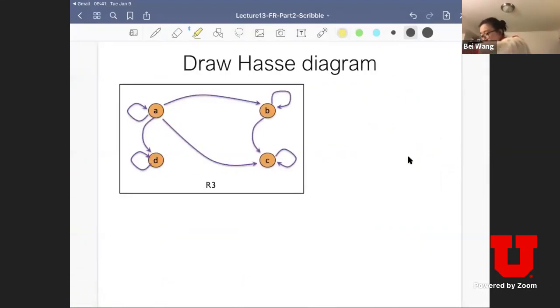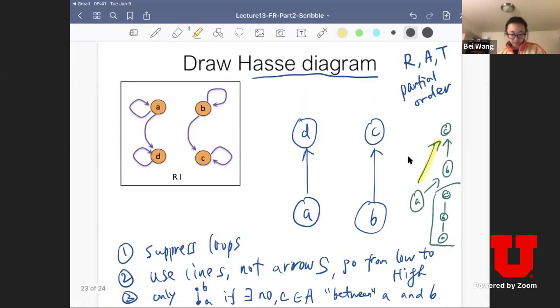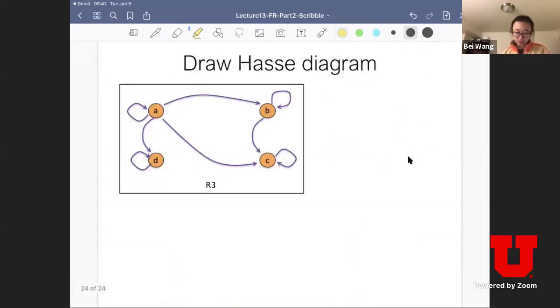Now follow the same rule. Let's simplify R3. First of all, remember the first rule is suppress the loops. So I get rid of all the loops. Second of all, I'm going to do the intermediate step. This is just intermediate steps, okay?